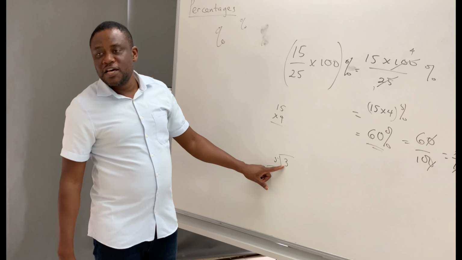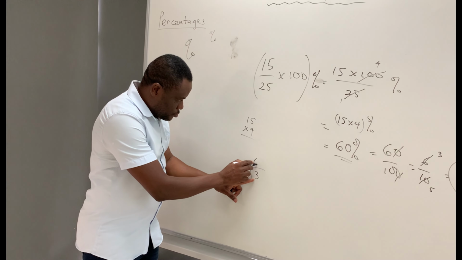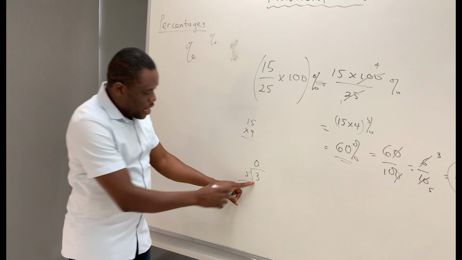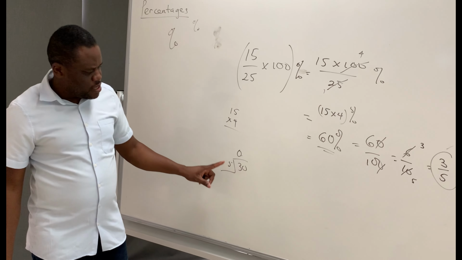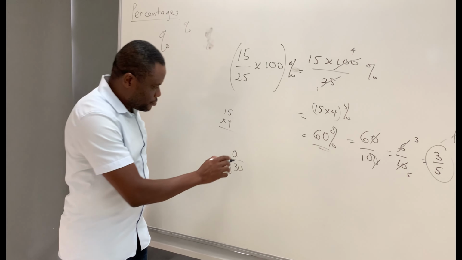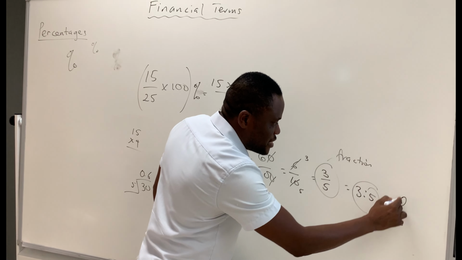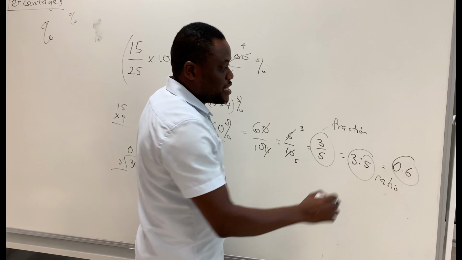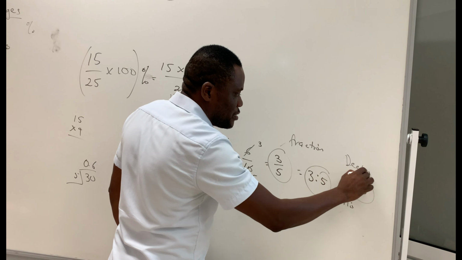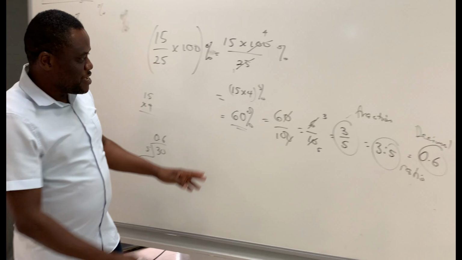How many times 5 goes in 3? 0. You put the 0 at the back, right? Remember this? So how many times 5 goes in 30? 6. So I can say this is the same thing as 0.6. And what is this? This is decimal. You can see this is percentage.